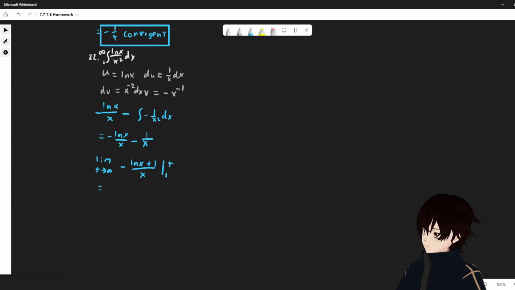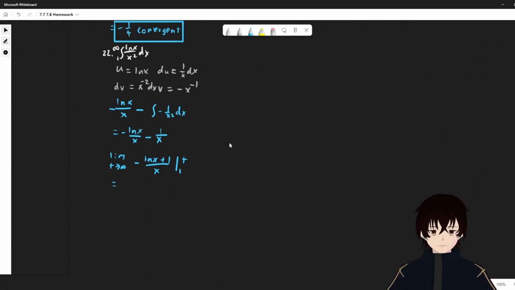It's natural log of infinity over infinity. Yeah, I guess we have infinity on top and bottom, but that doesn't excuse the negative sign.